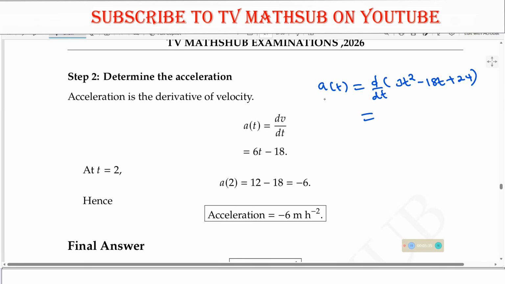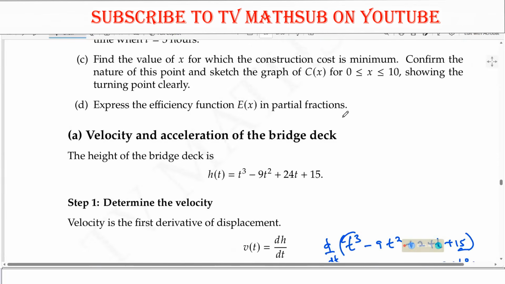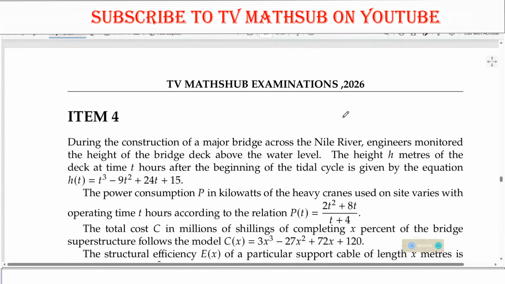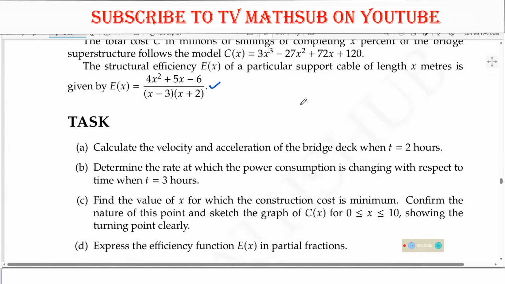So this will be same as 6t minus 18. Place there the value of t as 2, and you should be able to get negative 6 meters per hour squared. So basically that will be the acceleration and the velocity of the bridge deck when t is equal to 2 hours.